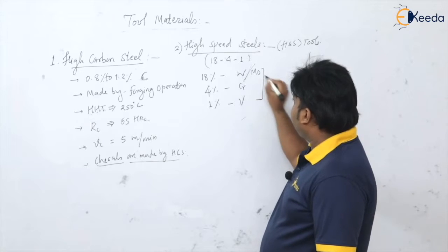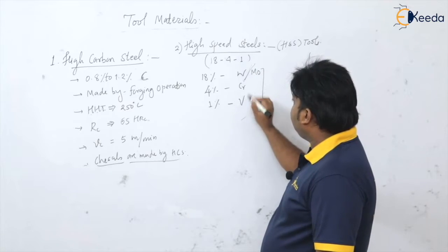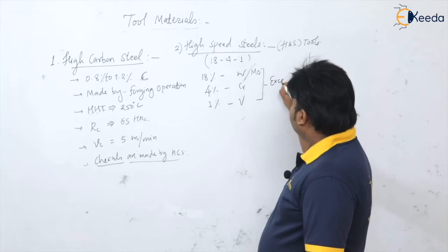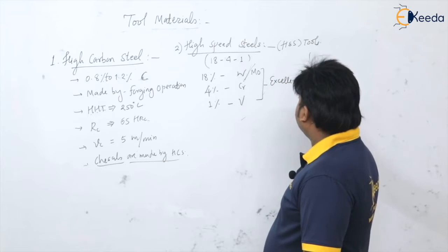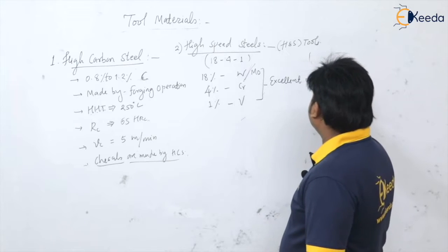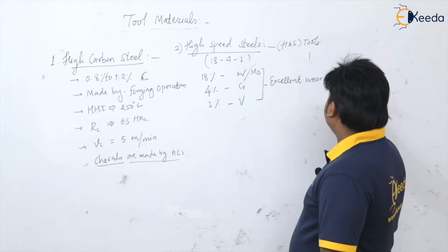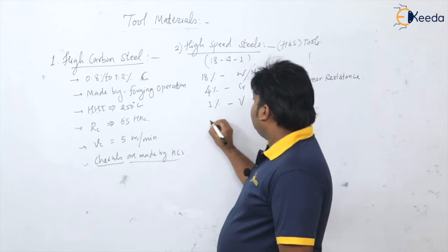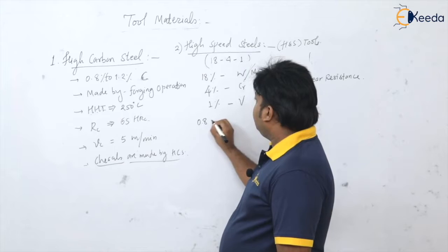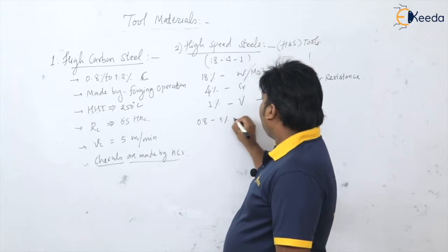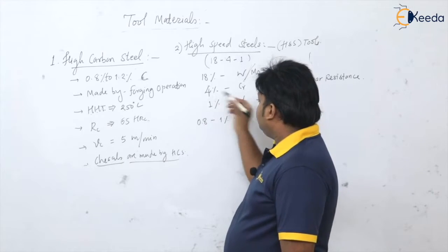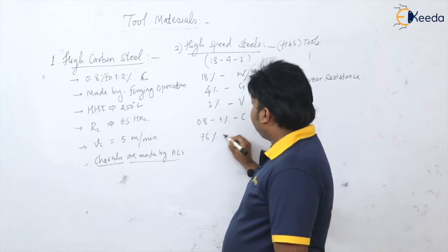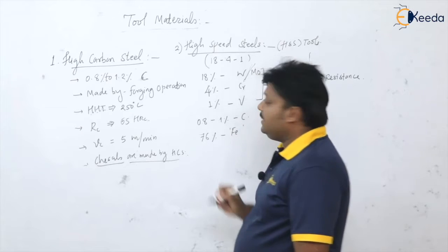Please remember, this tungsten along with the vanadium in the T series HSS gives excellent wear resistance. Now if you look at the percentage of carbon here, it is from 0.8 to 1% of carbon, and the rest of the matrix is made up of iron, that is 76%.